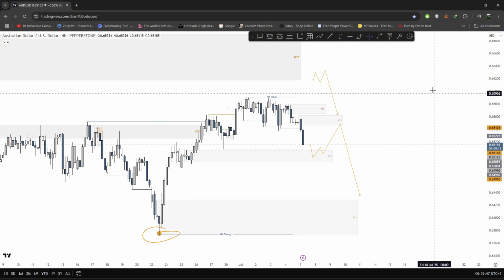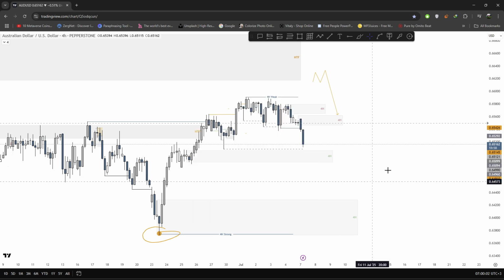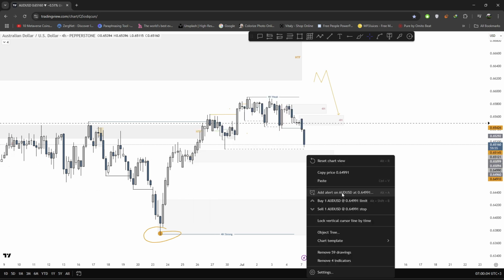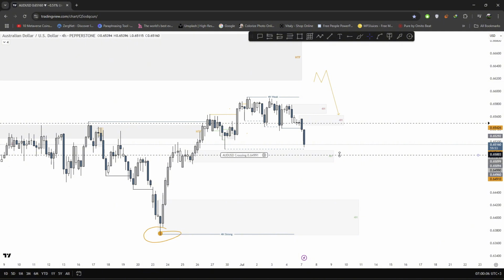Yeah, we can see it. Okay, AUDUSD, same. Looking at those sells again, aligns sort of with our bias that the dollar is strengthening. So let's wait and see what price does. I can add an alert right there, and also just add an alert right here. See how price reacts. And actually, we can get rid of this one.